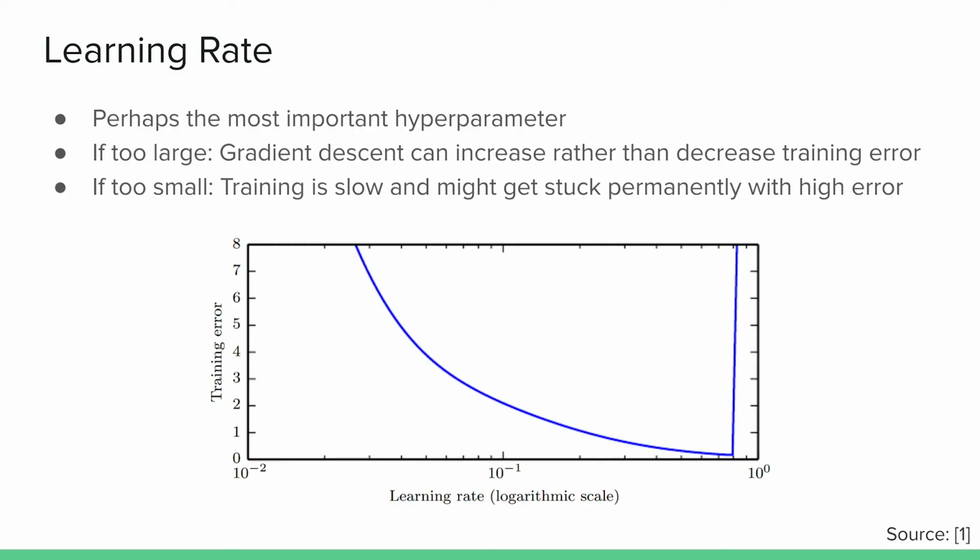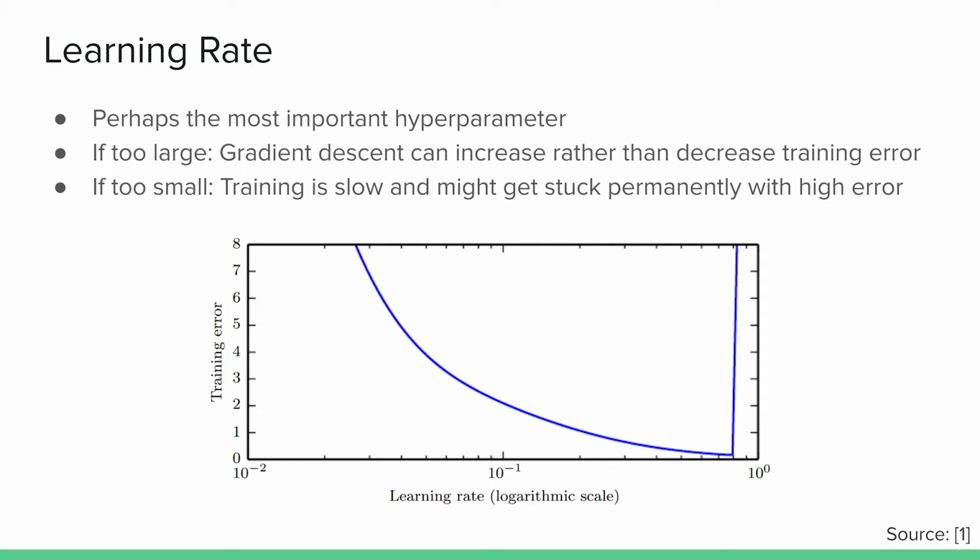So one thing that you will see is if the training error actually increases, then this happens if the learning rate is at least twice the optimal learning rate. In other words, if your training error increases instead of decreases, try using half of the learning rate that you've used before.